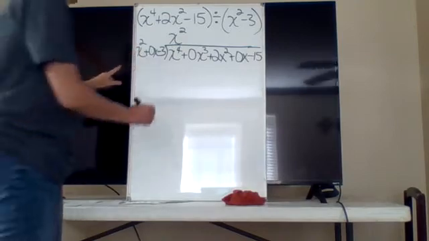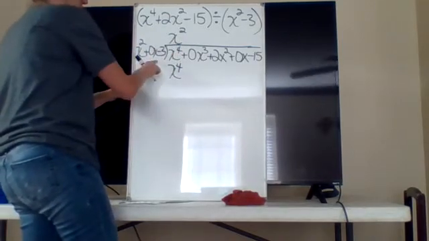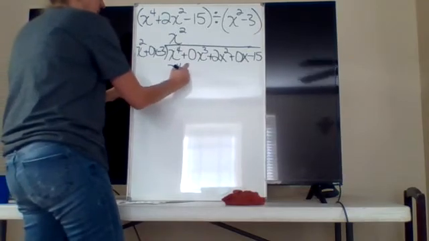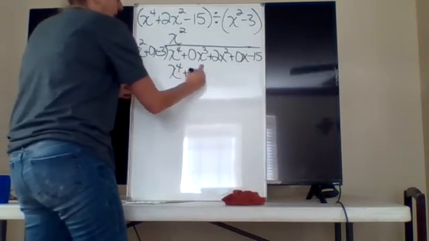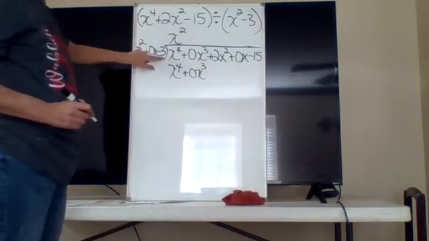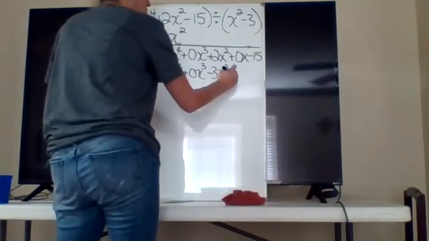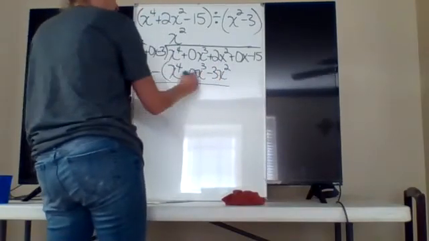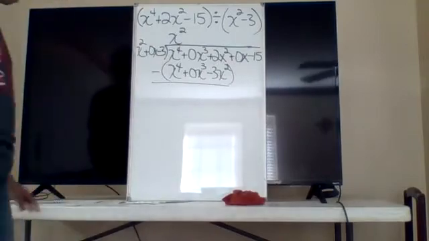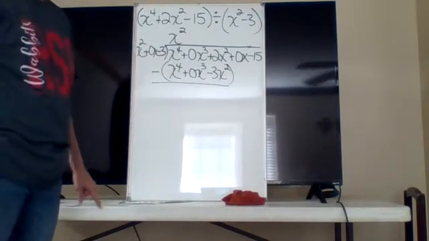X squared times x squared, there's my x to the fourth. X squared times 0x is 0x to the third. X squared times negative 3 gives me negative 3x squared. And then let's subtract this. So let's see, my x to the fourths cancel.